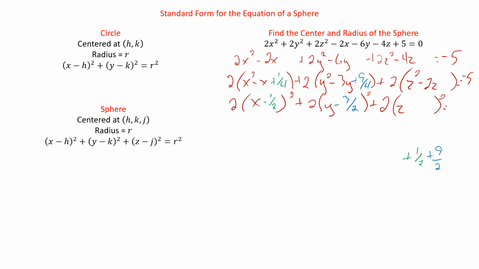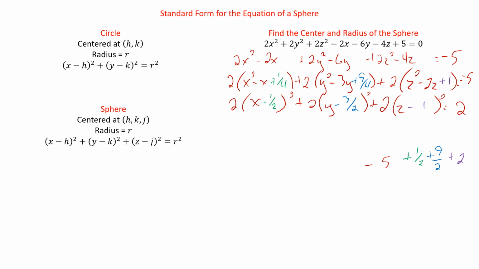And then for the z's, divide by 2 is -1, so that's plus 1 times 2 is plus 2. We had that -5 up there. I'm just moving it down because I don't have the space off to the side. So 1/2 plus 9/2 is 10/2, which conveniently is 5, plus -5 is 0. So that makes this equal to 2.